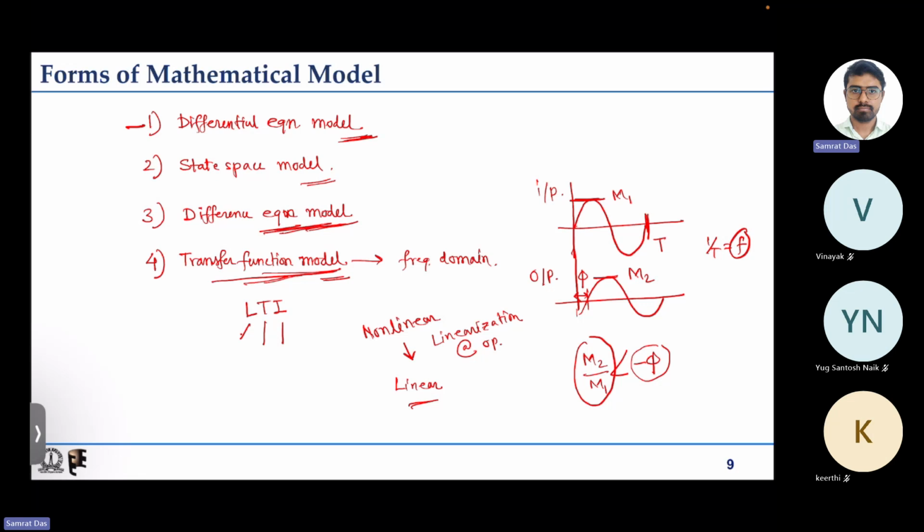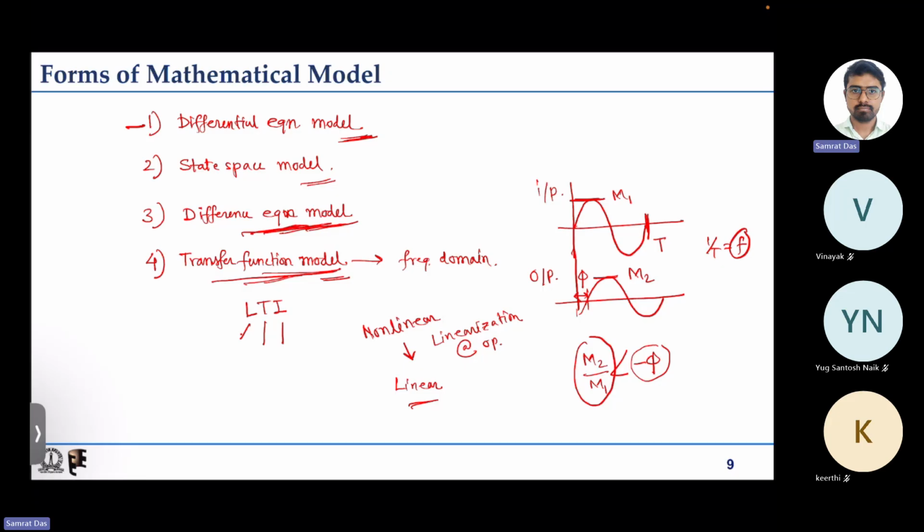So transfer function model and the frequency domain controller design, that is what we will discuss mostly for our DC motor, but we will understand about linearity, time invariance and other things. And also we will discuss the difference equation model, because that is really important if we want to implement it in any digital signal processor, DSP.